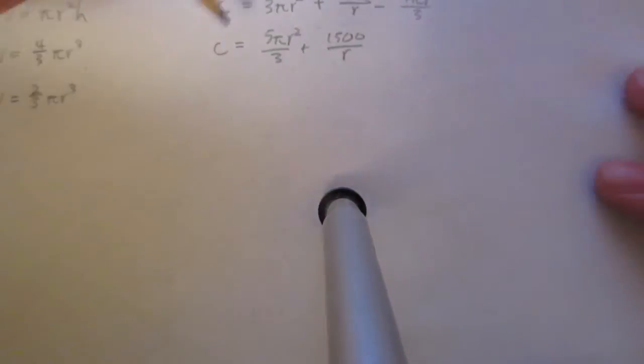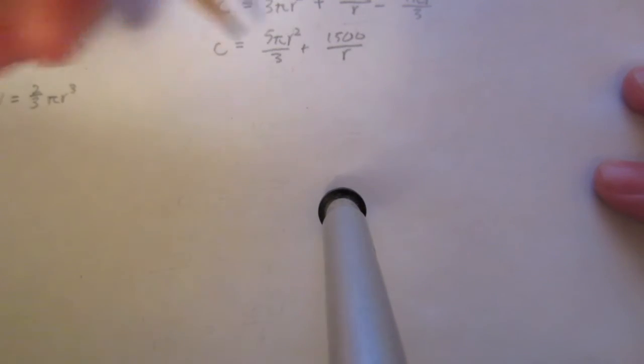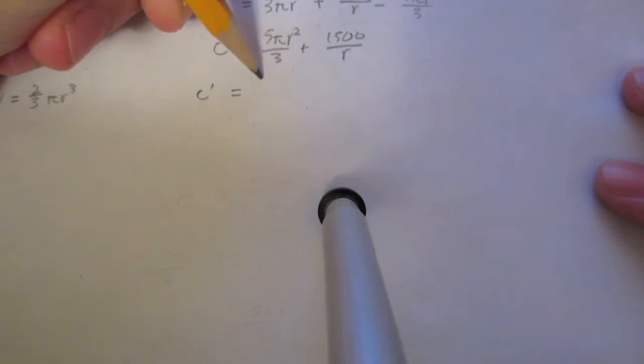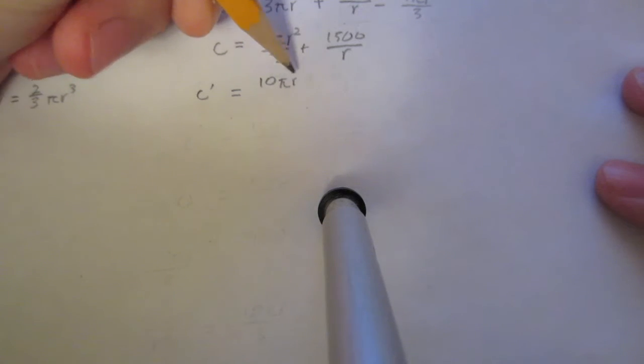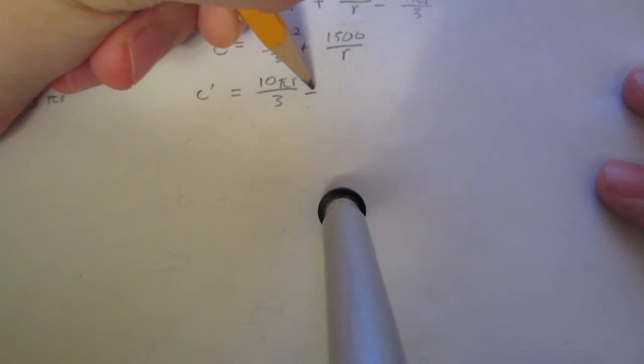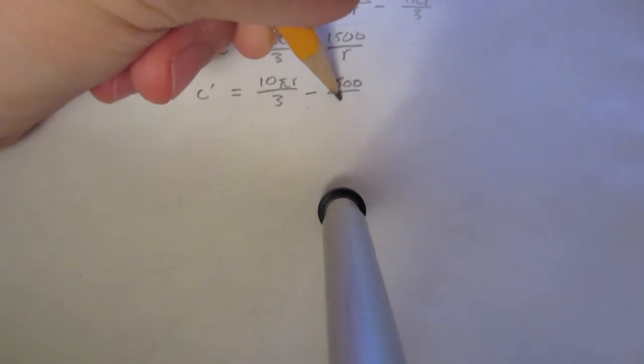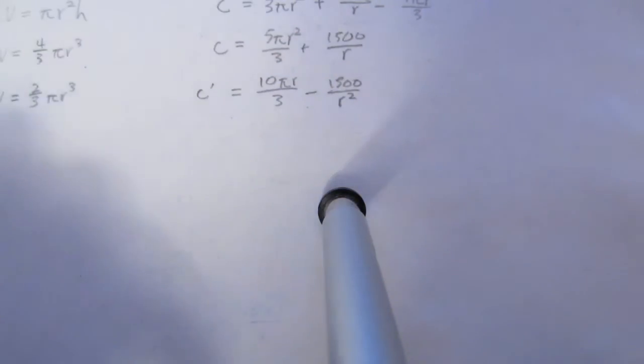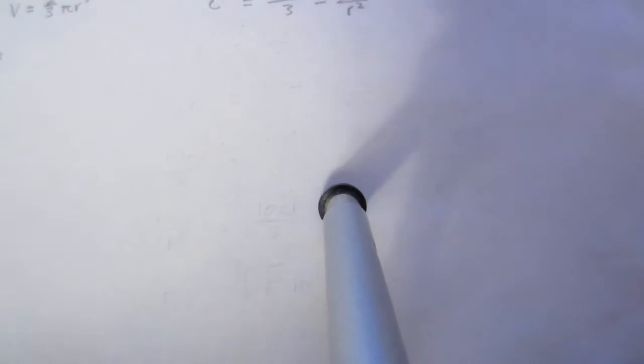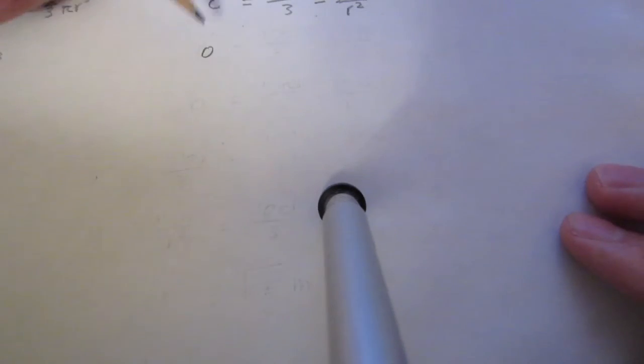And now I'm going to find the derivative of cost, which is going to equal 10 times pi times r over 3 minus 1,500 over r cubed. And to minimize the cost with respect to the radius, I'm going to set the equation equal to 0.